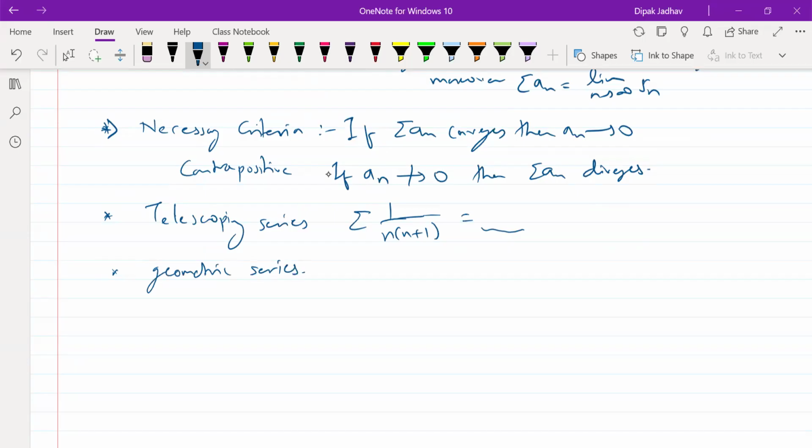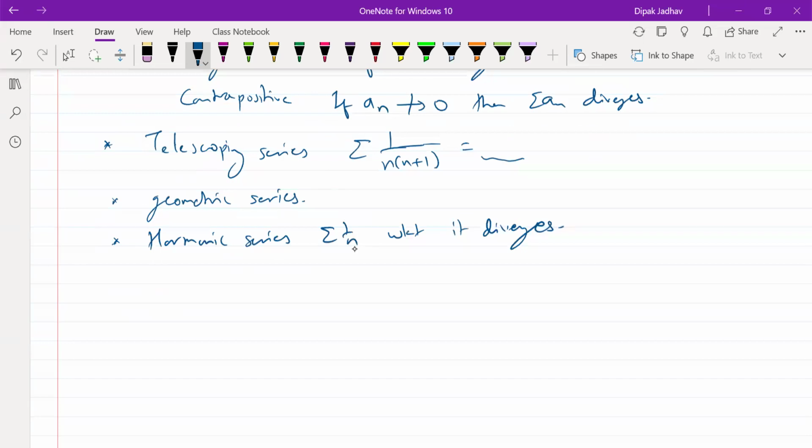Then we have seen a very special kind of series, that is the harmonic series, summation 1 by n, and we know that it diverges. Harmonic series diverges: the addition of reciprocals of all natural numbers diverges. Yeah, Arpita, you can ask.